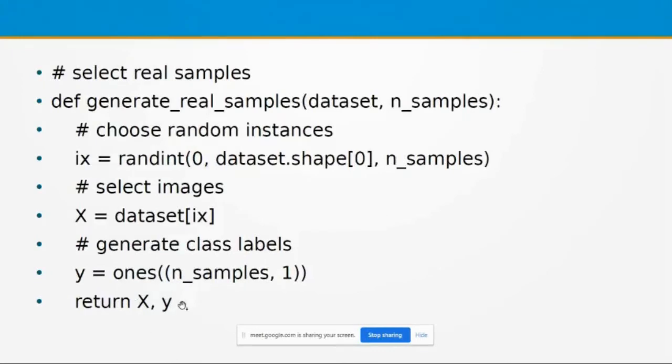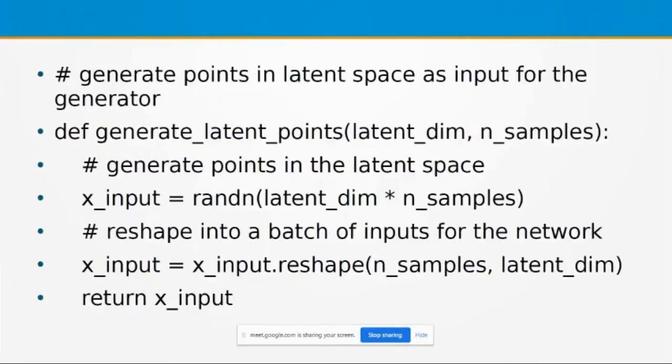Then return X, Y. With generate_real_samples, we generate a random batch of real images from the dataset, and the corresponding label is 1, designating them as real images.